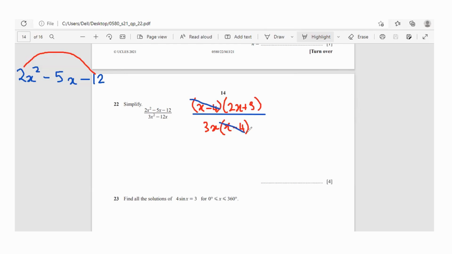X minus 4 can be cancelled. So the final answer would be 2x plus 3 over 3x. Can we simplify this further? No, we cannot simplify this further. This would be the final answer. And you see, it's an easy mark, 4 marks here. It's very easy.